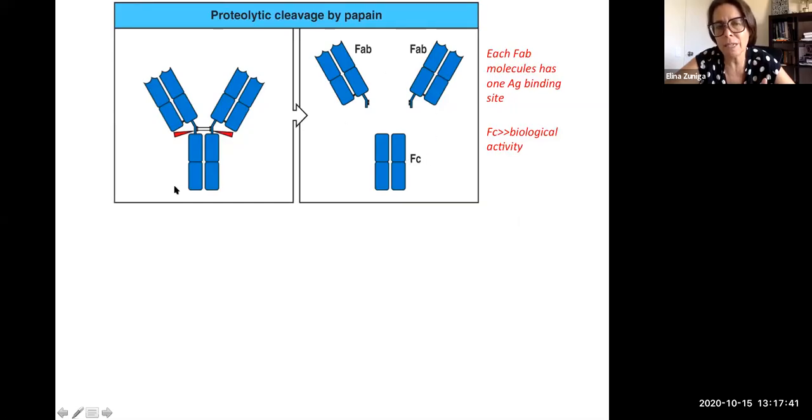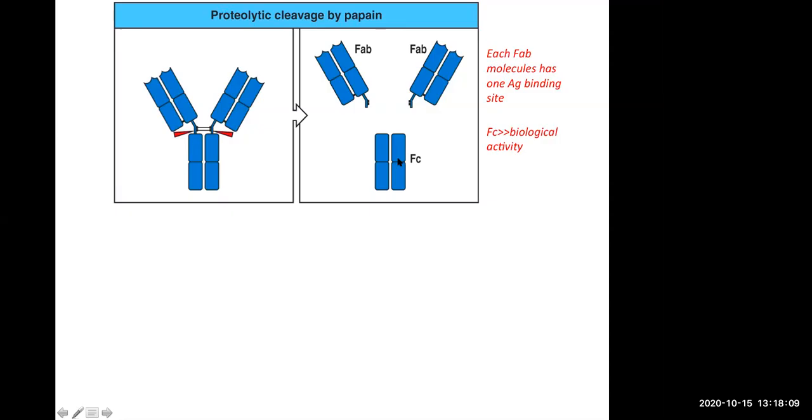And it makes sense because you want to have linked the antigen specificity and the biological activity in one molecule, so then the antibody can bring the pathogen to which it is specific into the macrophage that has the FC portion, right? If it were unlinked, it wouldn't serve the purpose, right? Makes sense, Sydney? Yeah, I got it.